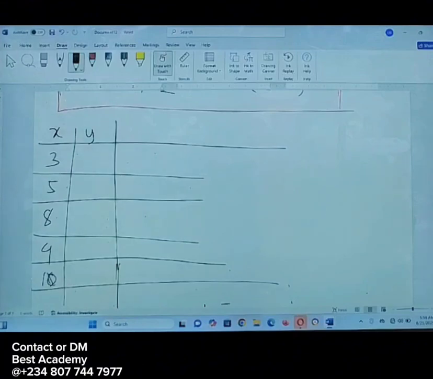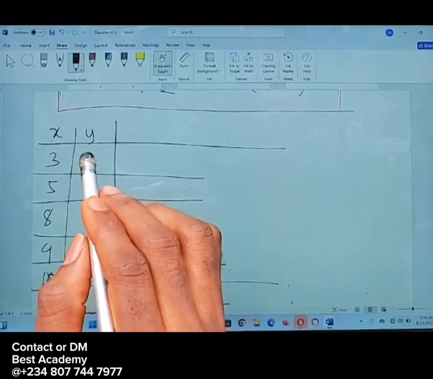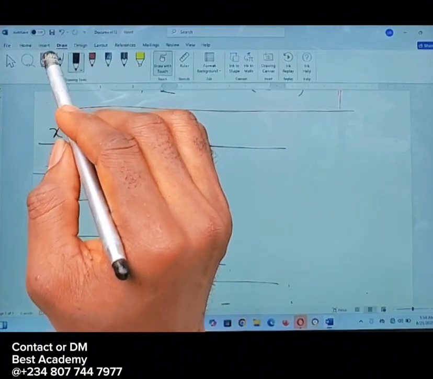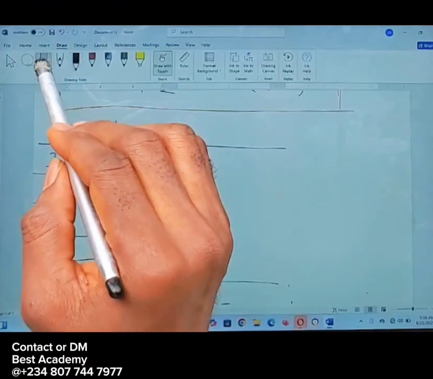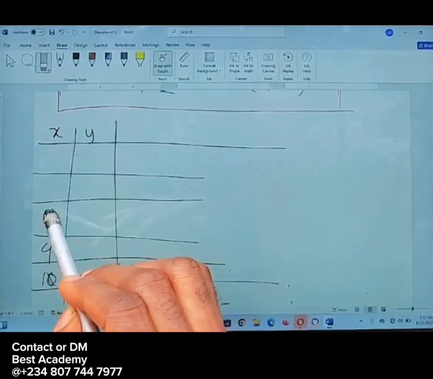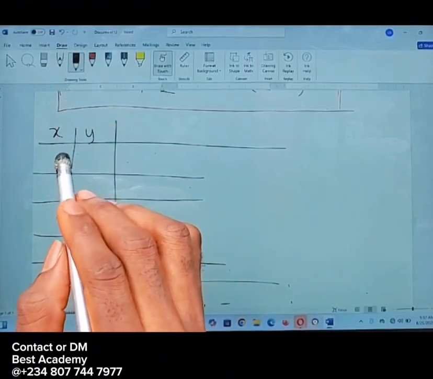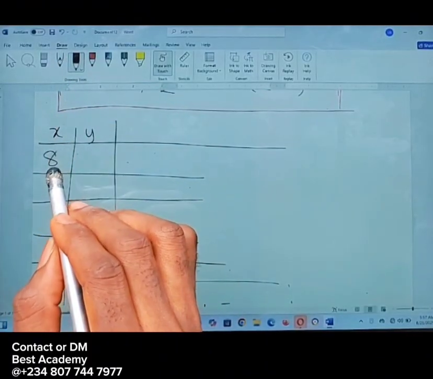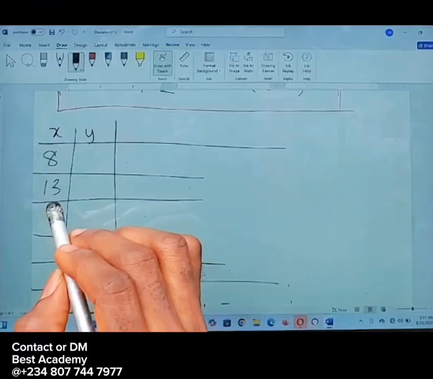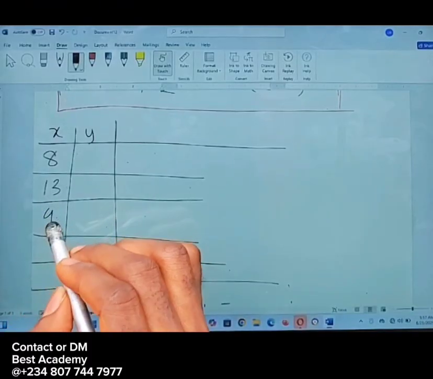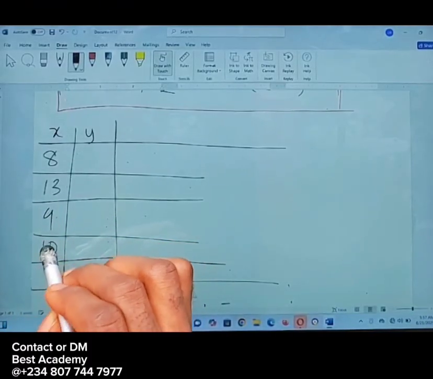Okay, now let's get our sy. Sorry, I made a mistake here. So s is supposed to be 8, 13, 9, 10 and 11.